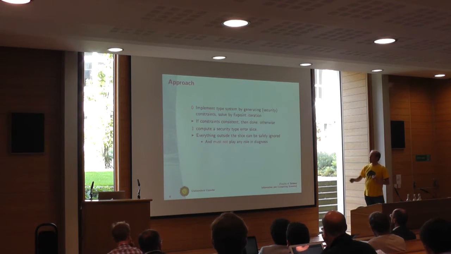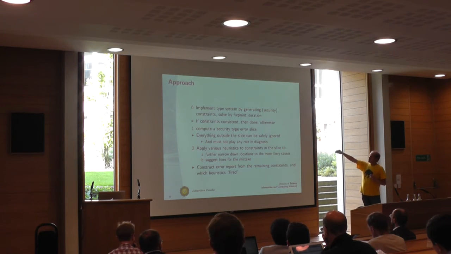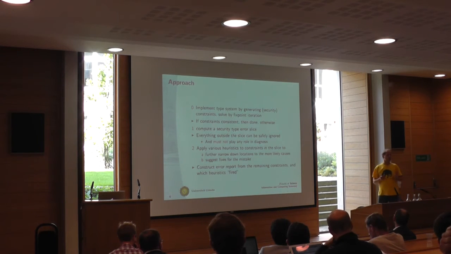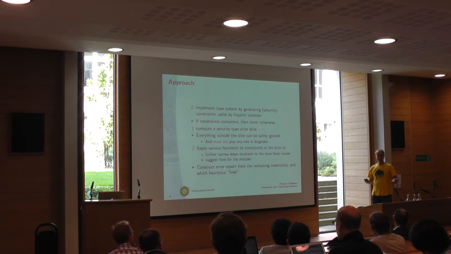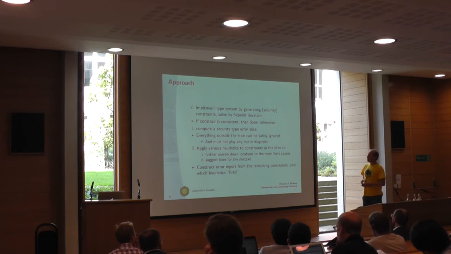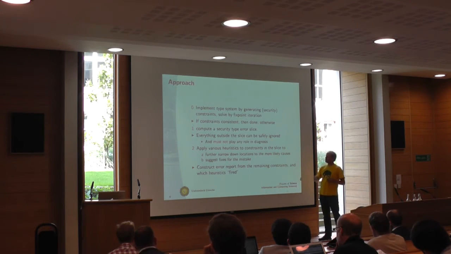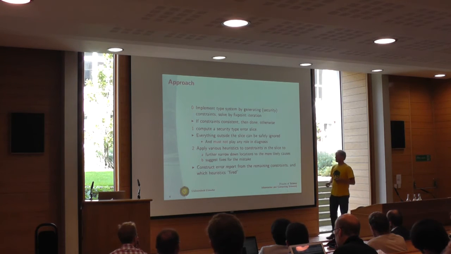That would be stupid. And then the final part is that because slices can be rather big, they also do not tell you, they just say, okay, these are the program points that contribute to the mistake. They don't give you any hint what might be wrong. They don't suggest fixes, for example. So it's a good first approximation. Then we go on and apply various heuristics to the slice to further narrow down the locations that might be a likely cause, or to suggest fixes for the mistakes.